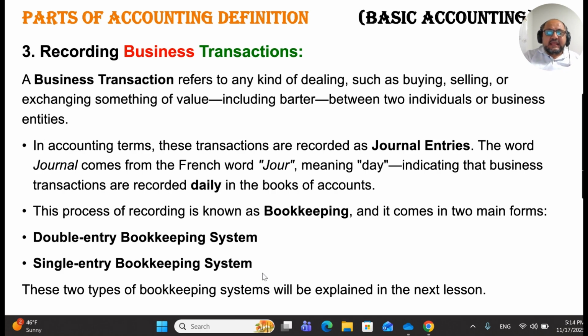This is called the single entry system. There is no debit and no credit in the single entry system, but in the double entry system, the debit column and credit column are included. Let's go and do practical work on the double entry bookkeeping system.